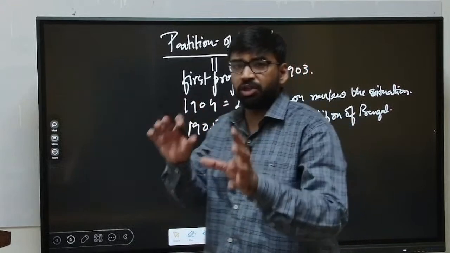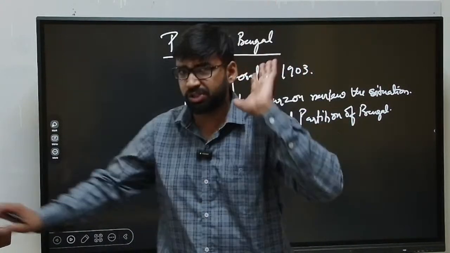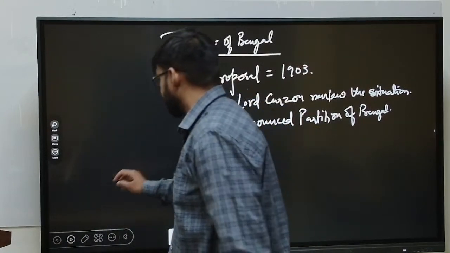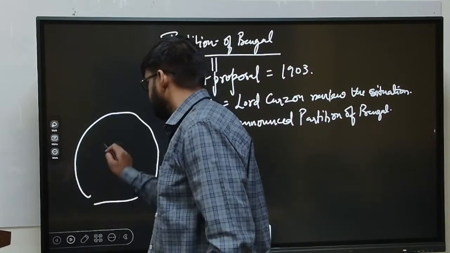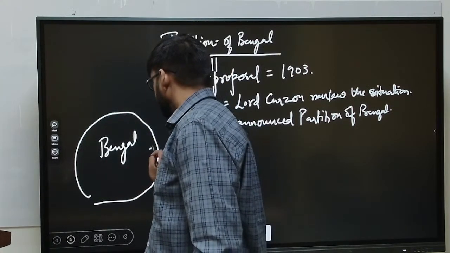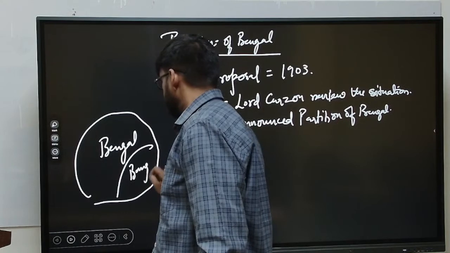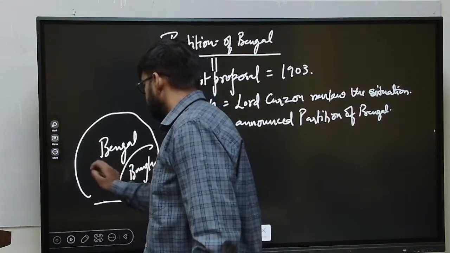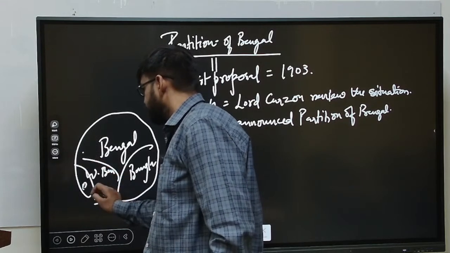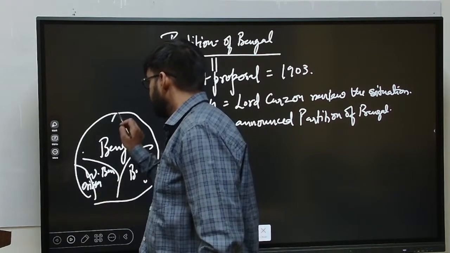Though the partition of Bengal was supported by nationalists, what they wanted was this. Bengal at that time also included Bangladesh, West Bengal, Orissa, Bihar.